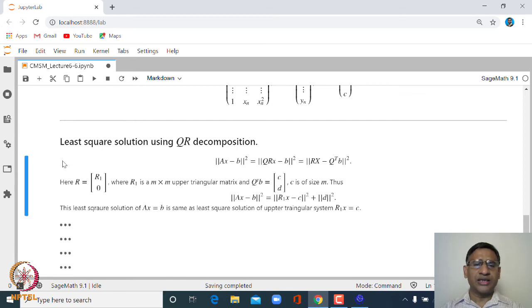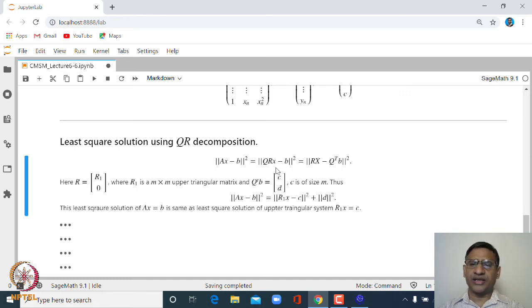So, how do we do that? Let us see, this is what we want to minimize, norm of Ax minus b the whole square. Now, suppose A has QR factorization, A is equal to Q times R, then norm of Ax minus b whole square is norm of QRx minus b the norm square. Since Q is an orthogonal matrix, the norm of Qx will be the same as the norm of x.